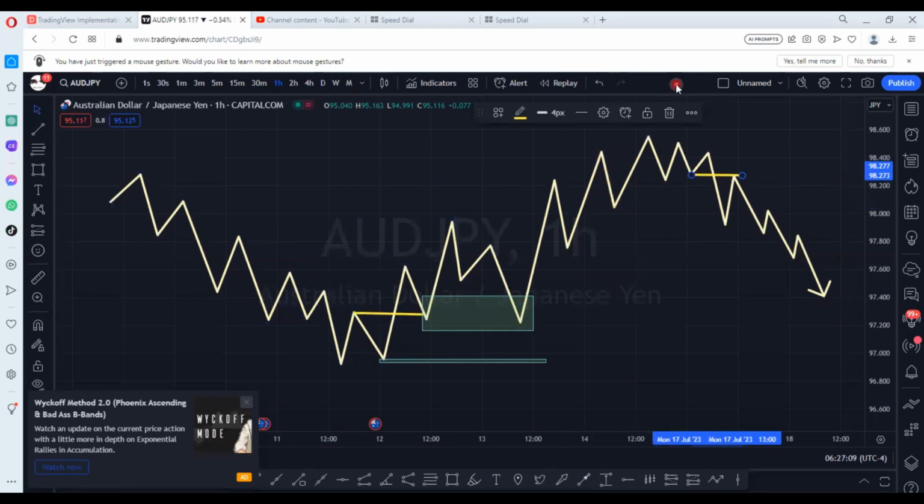When it takes out the previous high and does not take out the previous low, we are going for a continuous bullish movement.